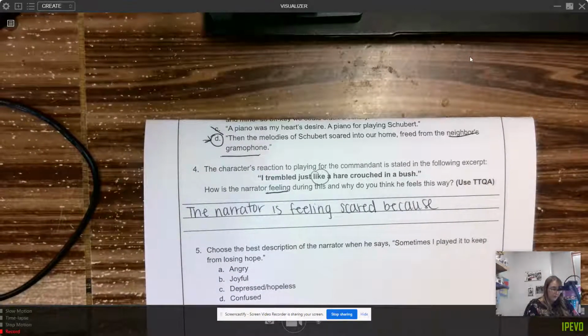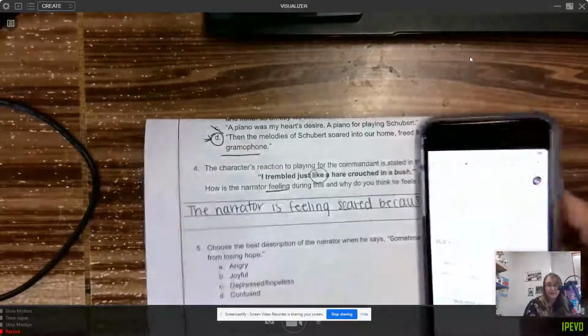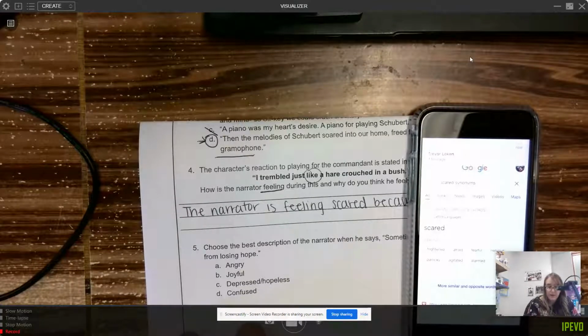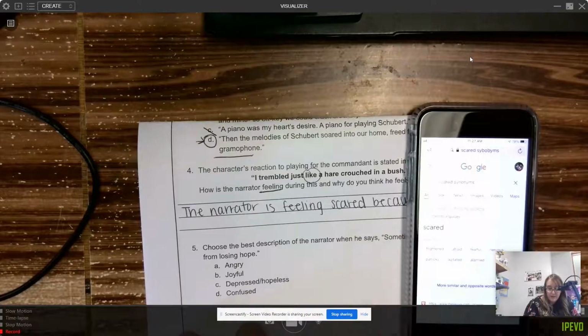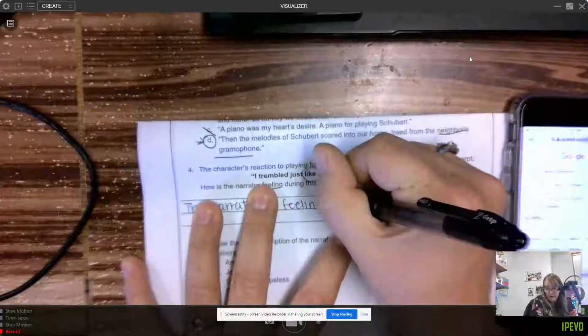So if I simply went to a dictionary and typed in scared synonyms and pulled it up, it gives me all of these different ones. Frightened, afraid, fearful, nervous, panicky, agitated, alarmed. So I really like the word frightened. So I'm going to cross out the word scared and put frightened.